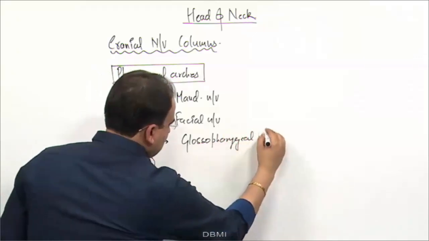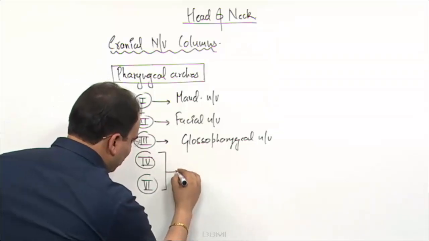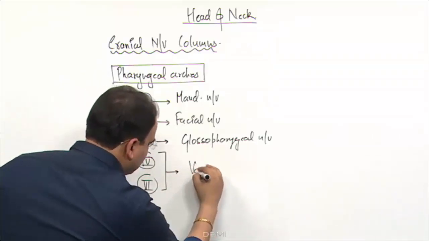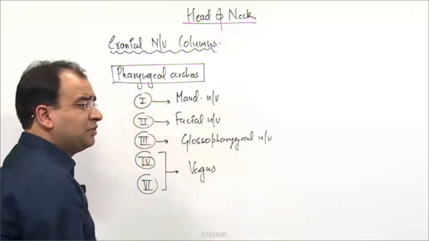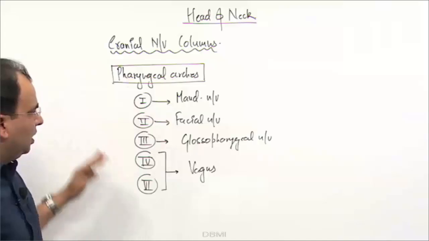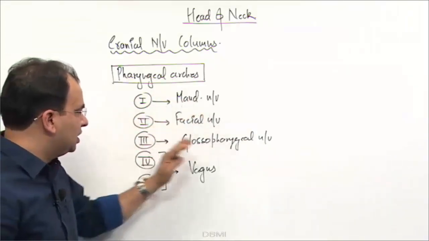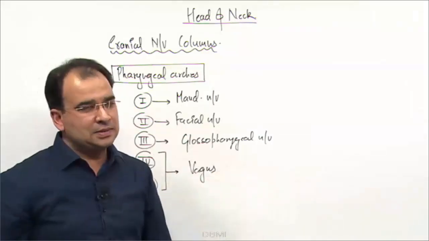Third arch is supplied by the glossopharyngeal nerve, and let me say collectively fourth and sixth arch are by vagus, although different branches of vagus, the superior laryngeal and recurrent laryngeal. Broadly, first arch is mandibular nerve, second facial, third glossopharyngeal, fourth and sixth is vagus.